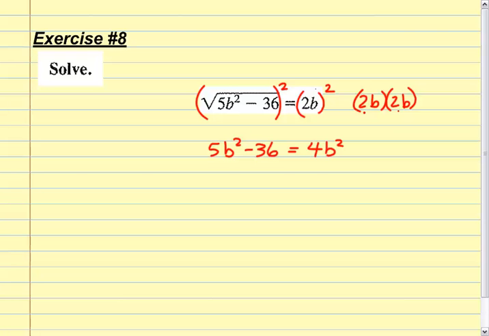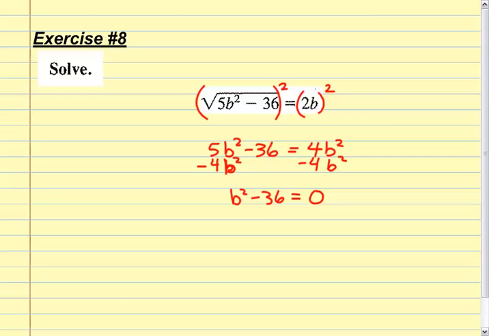So you get 2 times 2 is 4, and b times b is b squared, okay? Good, all right? Now, since I don't have a b term, right, I don't have anything with just b in it, I've got 4b squared here, I'm going to subtract the 4b squared from both sides, okay, to get them together, and that's going to give me just b squared minus 36 is equal to 0.